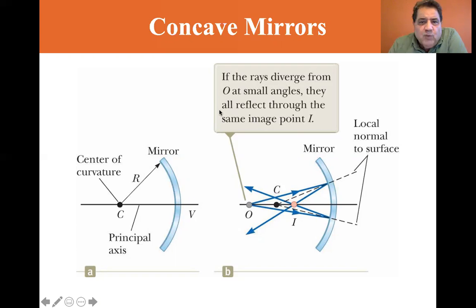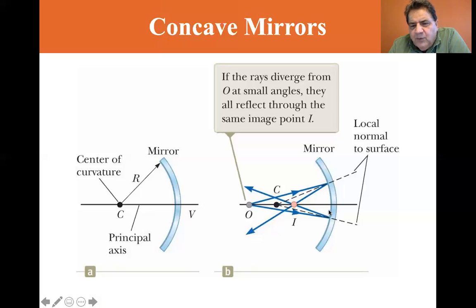Now let's read the little square. The rays diverge from O at small angles. They all reflect through the same image point I. So you can see from here, it goes through here, and just as the incident, the reflection angle is equal to the incident angle. So theta equals theta prime.